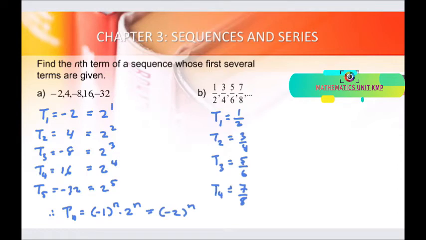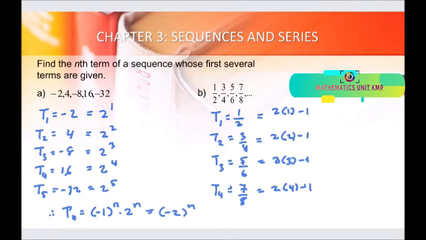So for the numerator, 2 multiply with 1 minus 1, we get 1. 2 multiply with 2 minus 1, we get 3. 2 multiply with 3 minus 1, we get 5. 2 multiply with 4 minus 1, we get 7.